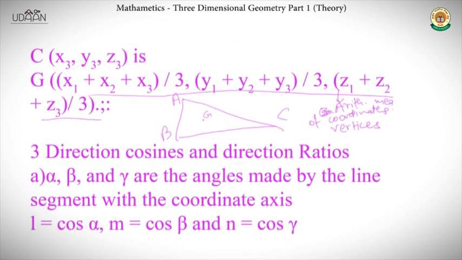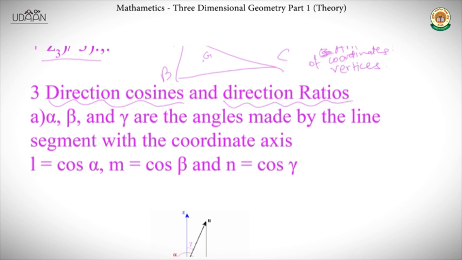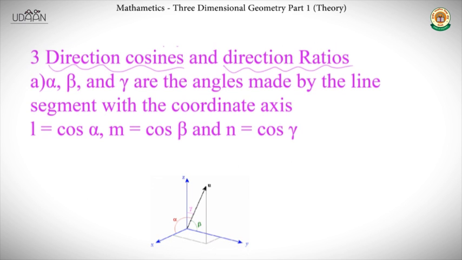The next point is direction cosines and direction ratios. What are these direction cosines and direction ratios? We will first get acquainted with this. Direction cosines and direction ratios define the direction of a line or a directed segment. Say in 3D space, we have any segment, any vector or anything.